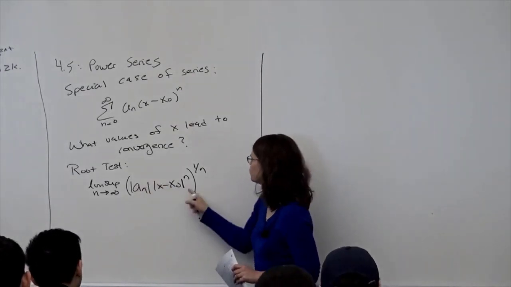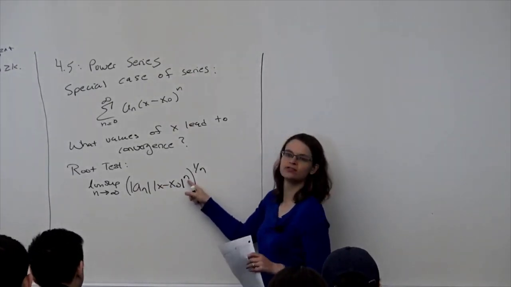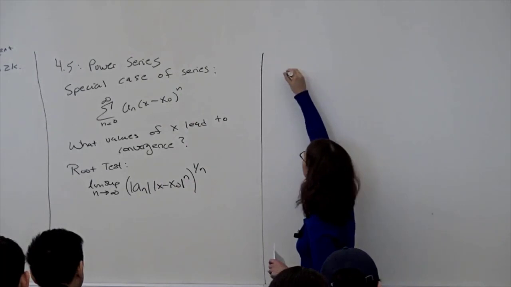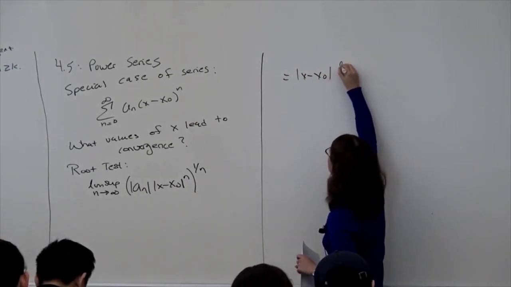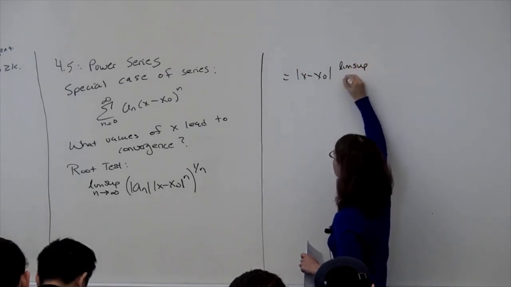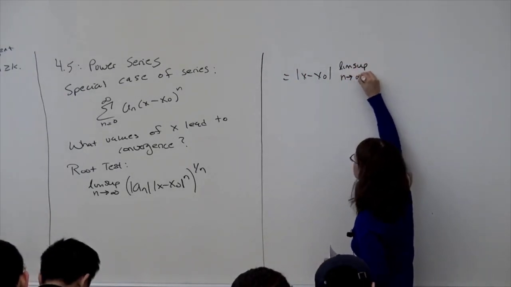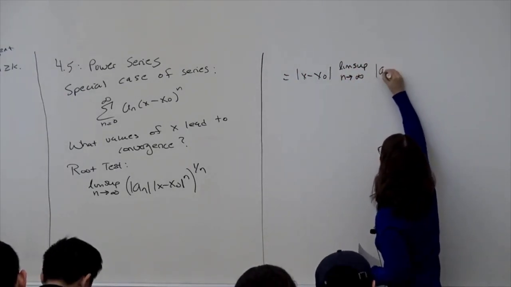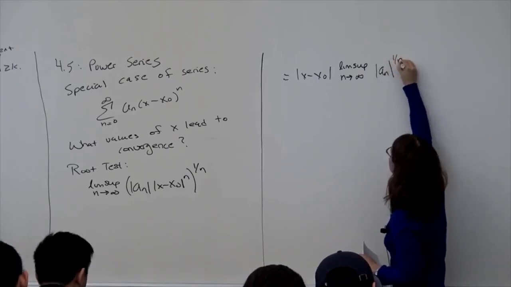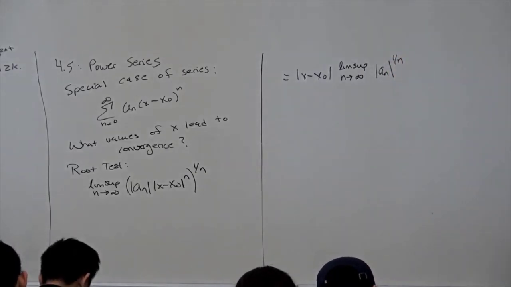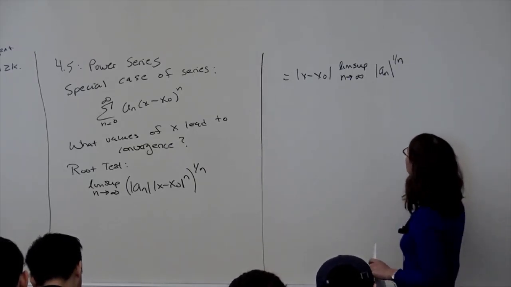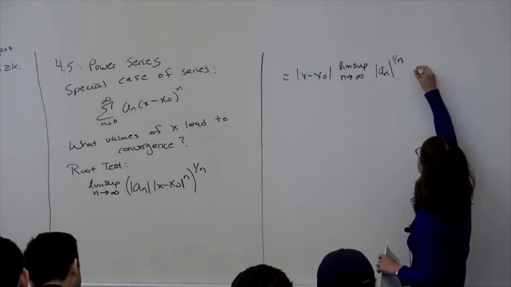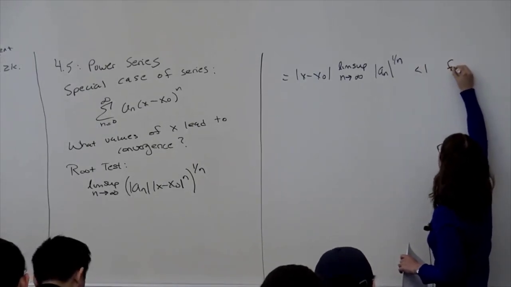There's the nth root of this, and there's also the nth root of this, which suddenly doesn't depend on n anymore. So when I do this, I get something that doesn't depend on n times something that just depends on these coefficients. And we know that we need this to be less than 1 for convergence.